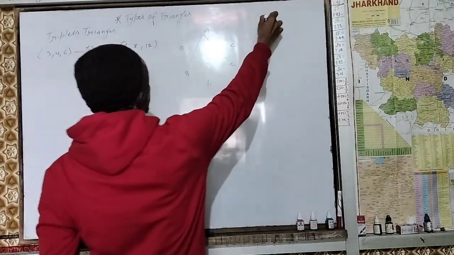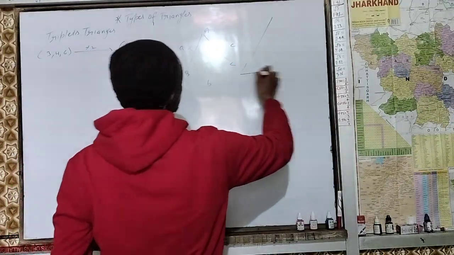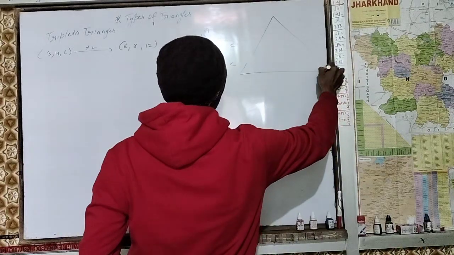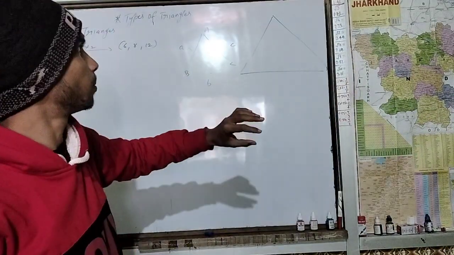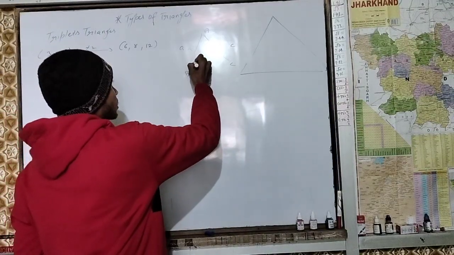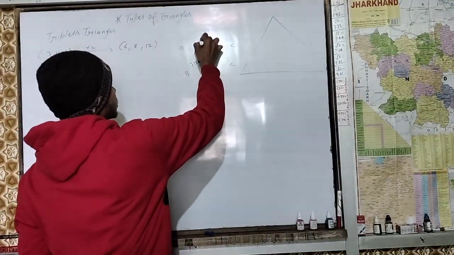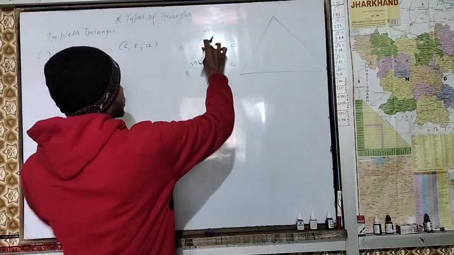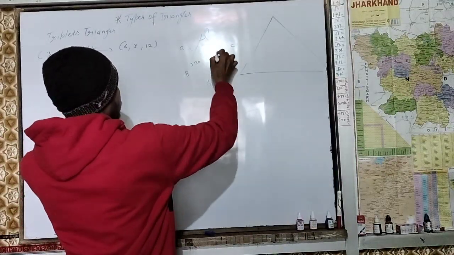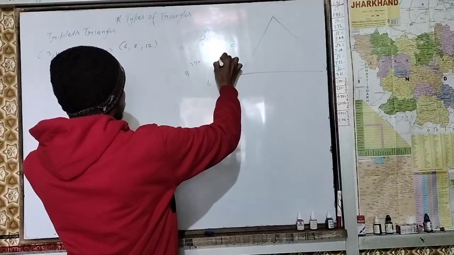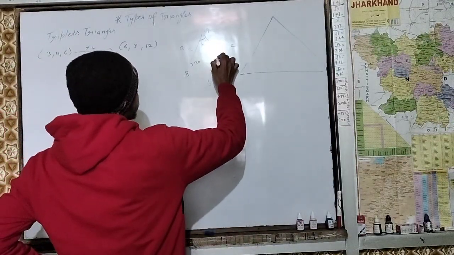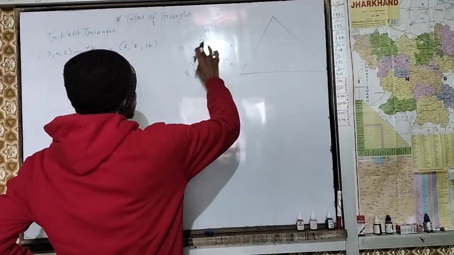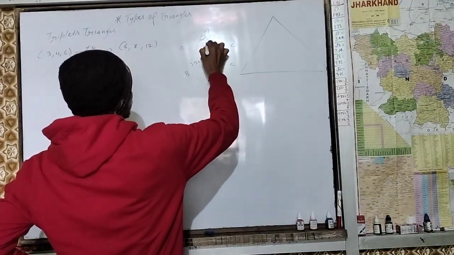Now it will look like this, but the angle of B will be the same.